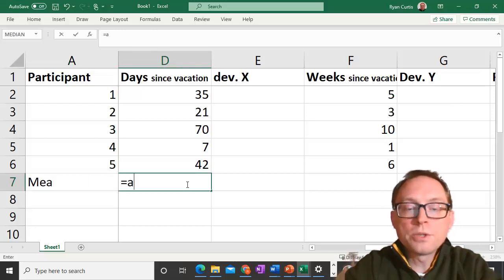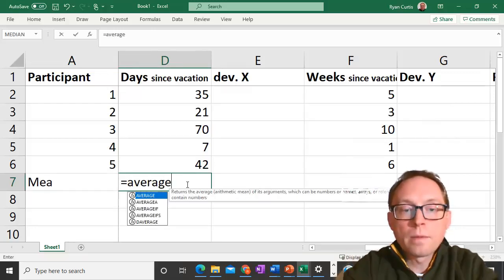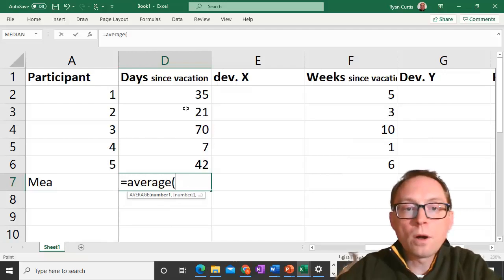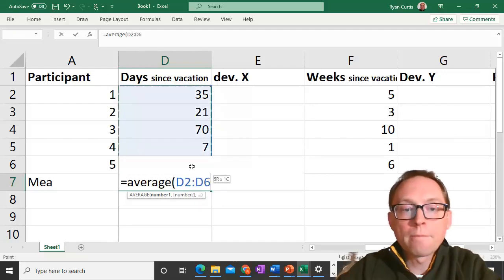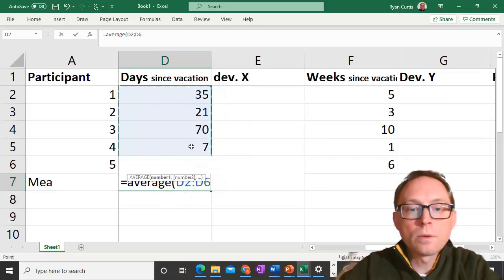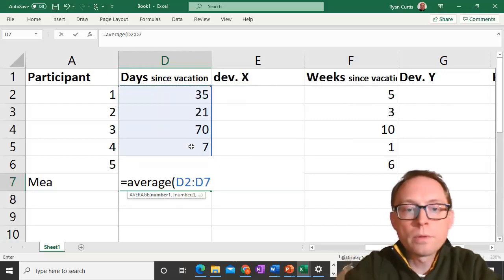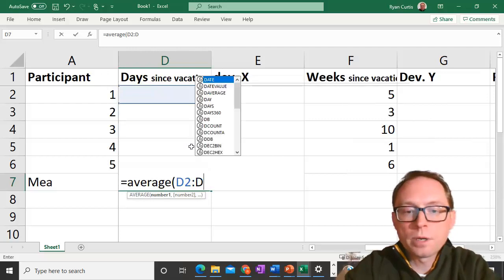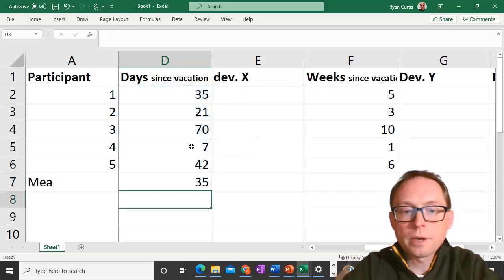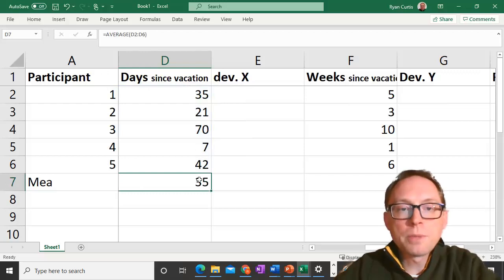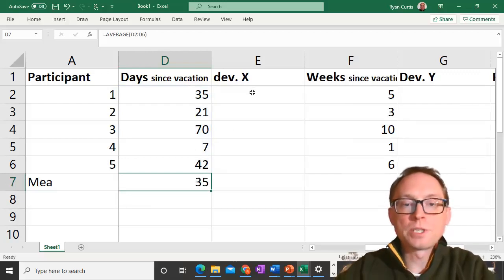We want this to be the mean for all of the days. Whoops, sorry, I wanted it to do 6. Yep, that's right. Okay, so this is the mean number of days since their last vacation for each participant.